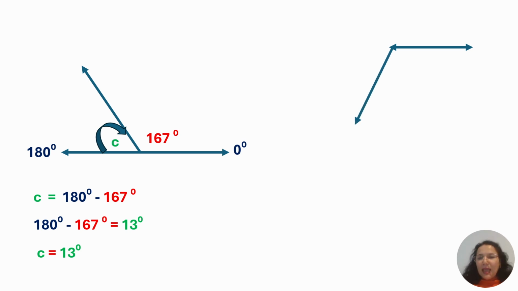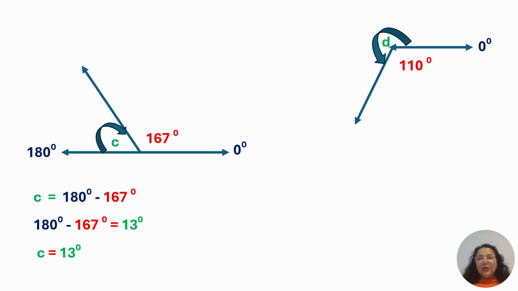Now let's look at this line. Now this is a reflex angle. Now we want to calculate angle D. And we know that the inside of the reflex angle is 110 degrees. So we want to know what is angle D. So this time we can't use 180 degrees because it's going over 180 degrees. So we're going to use a revolution.